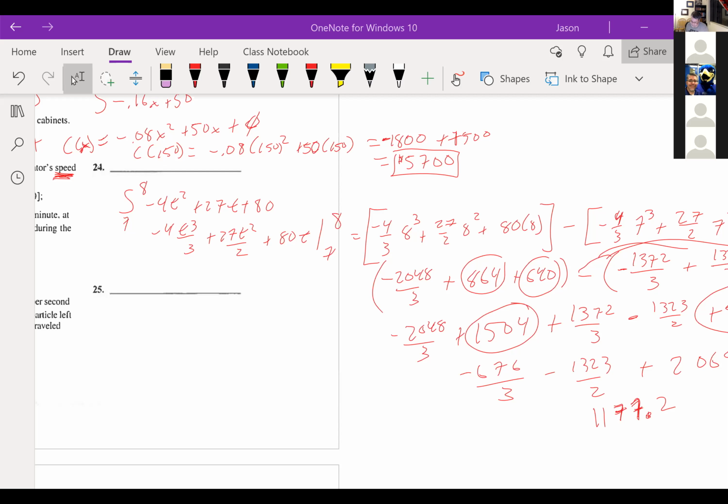Oh, there it is. Okay, and then we got 4t squared plus 27t plus 80.